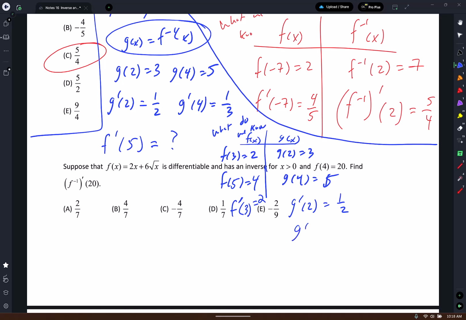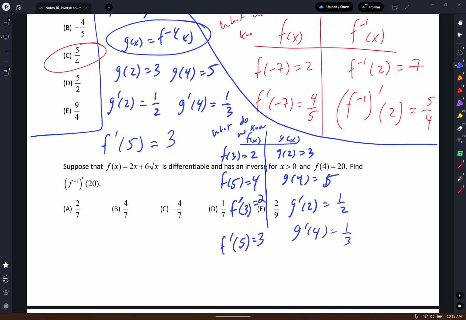I know that g prime of 4 is 1/3. So if g prime of 4 is 1/3, what do I know about f prime of 5? 3. Do you guys see how we did it? So what is f prime of 5? 3.